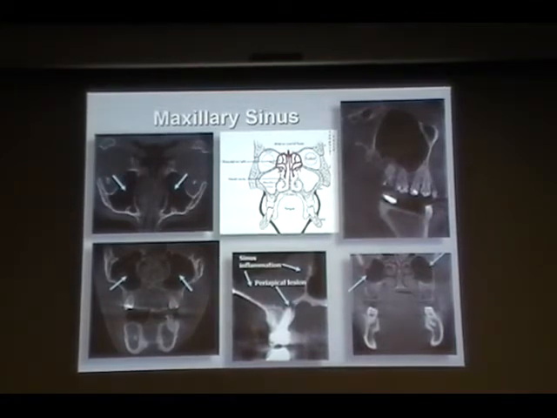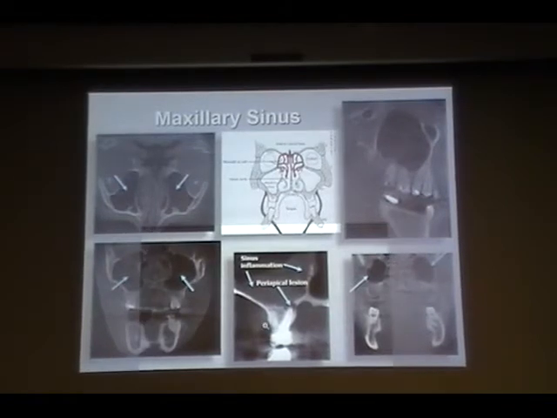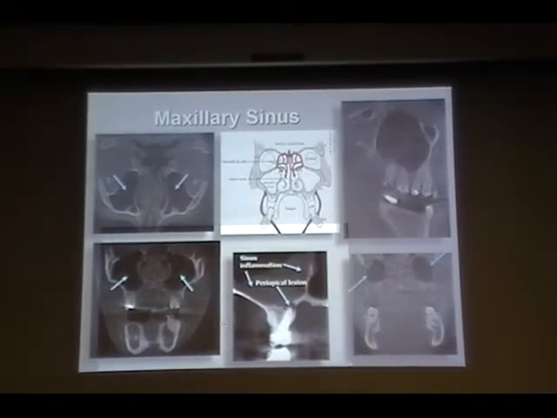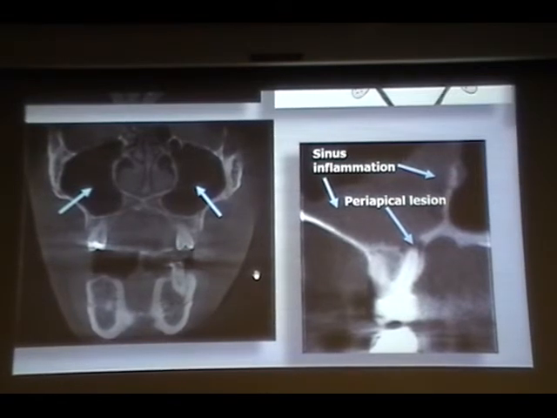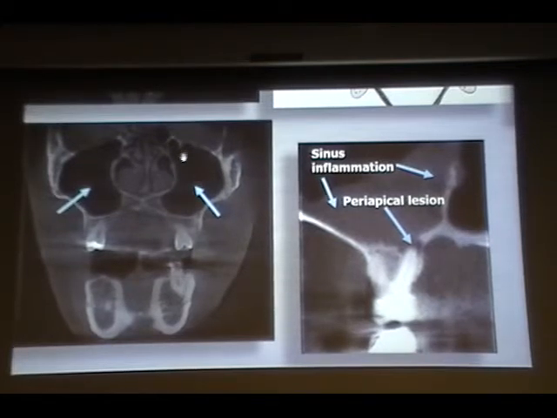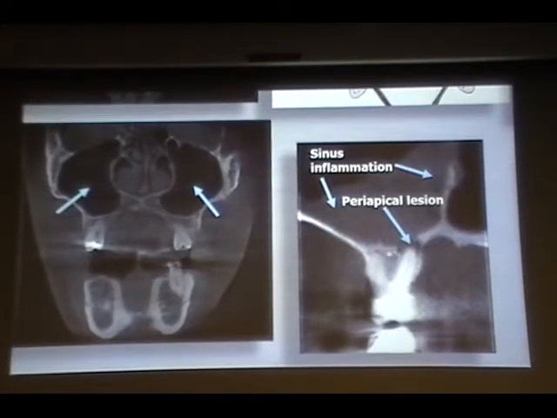So here is a very good example to demonstrate why you have to know the normal anatomy of the maxillary sinus. In this particular image, the arrows are pointing to the air-filled maxillary sinus. Whereas when you compare this image with this, you can see there is thickening.